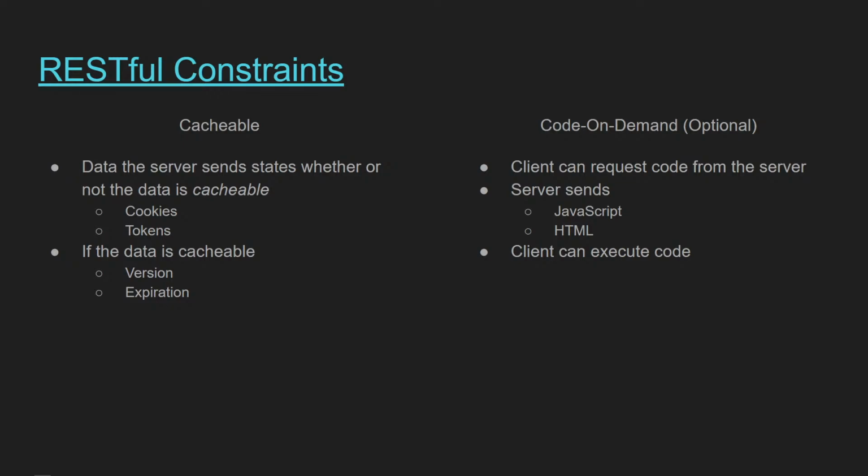And then we have code on demand, which again, is very heavy. The reason why it's in parentheses and says it's optional is because your RESTful API could serve web pages. And if it serves web pages, one technique you can use to make your web page more responsive, so very fast, with load times like a blink of an eye, is that you only serve the JavaScript, the HTML, and the CSS that is required for the client to just see that one page. When we talk about React, for example, React is basically a web app, right?